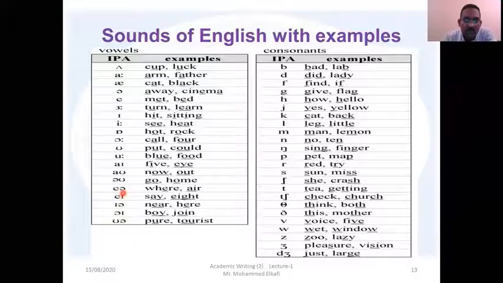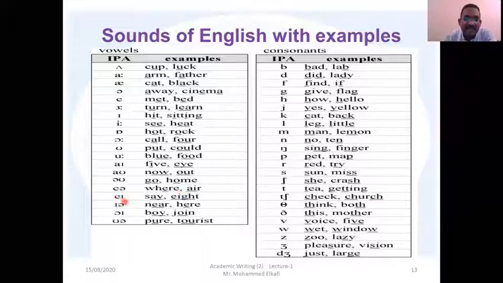Where? You will think of air, as in air, and as in where. Remove the w, we'll find air.